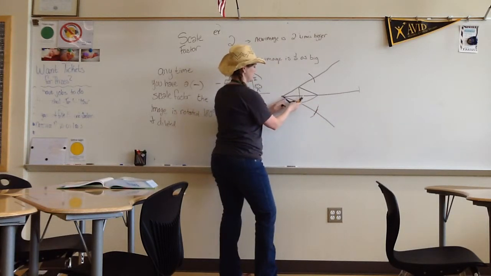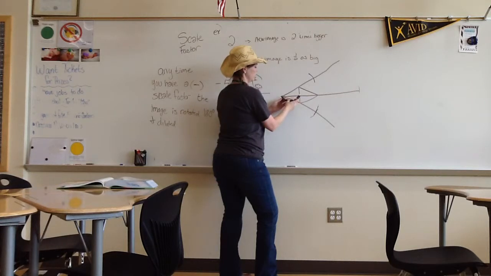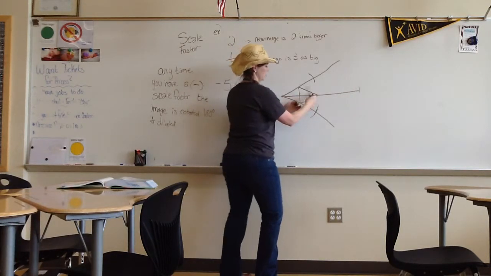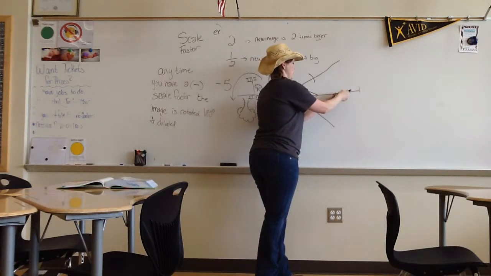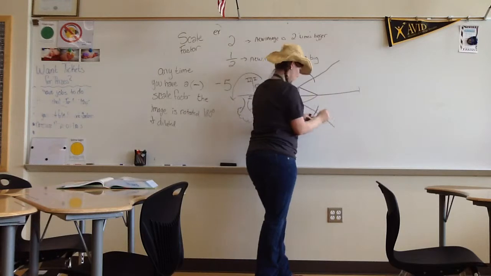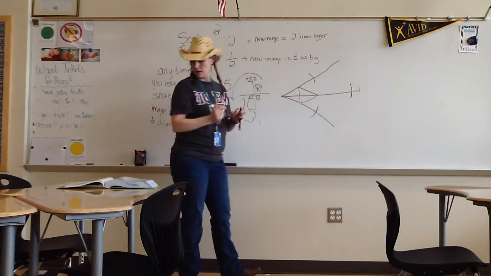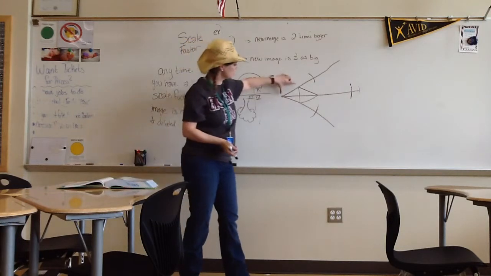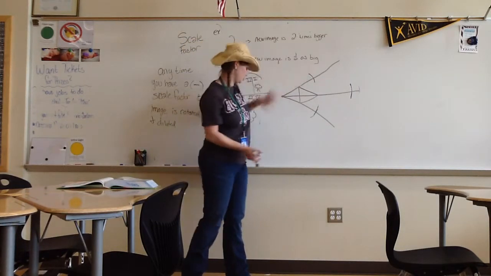Same thing. I'll try and get this as close as I can because they aren't quite big enough. So double. There, approximately. And that got you double because this was 1 length, 2 lengths, so it's a scale factor of 2.